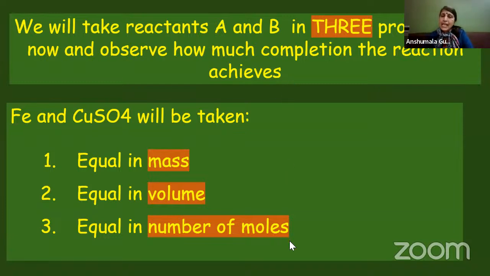So now the same reaction we will do with equal mass, equal volume, and this time we will also take equal number of moles of the same reaction, the one which I was showing you earlier, copper sulfate and iron. Manisha, will you show? Yes, ma'am. So I'm stopping sharing, and Manisha will show when we have taken all three in 3 test tubes or 3 beakers.